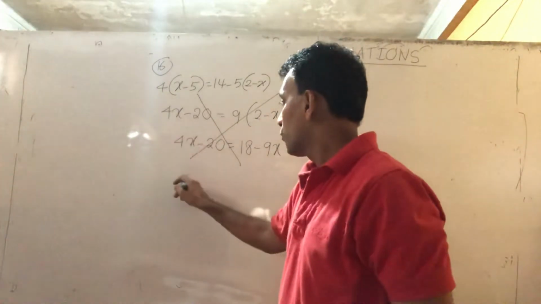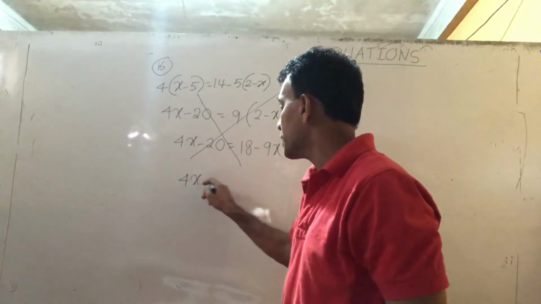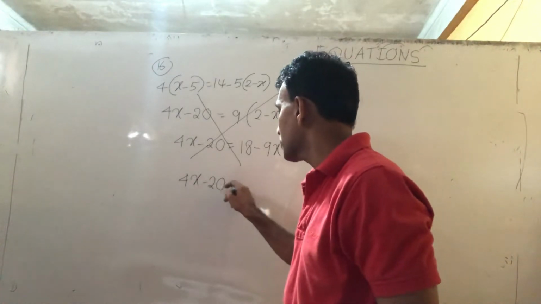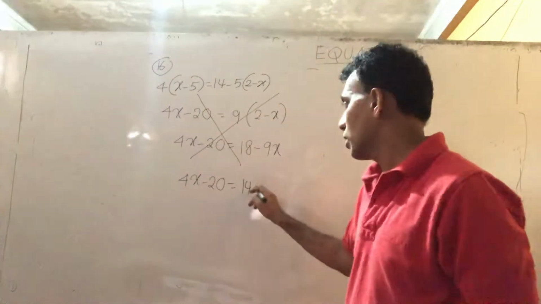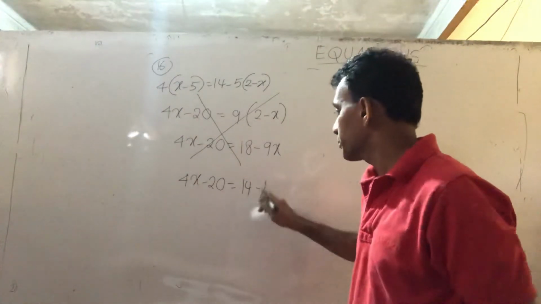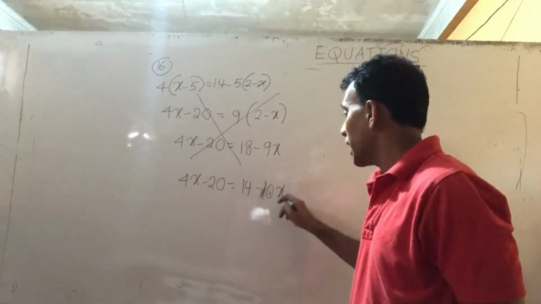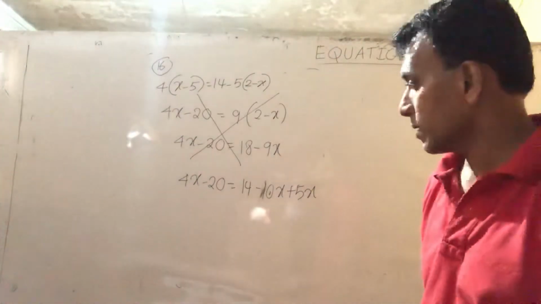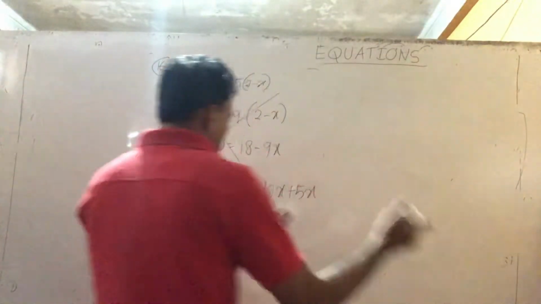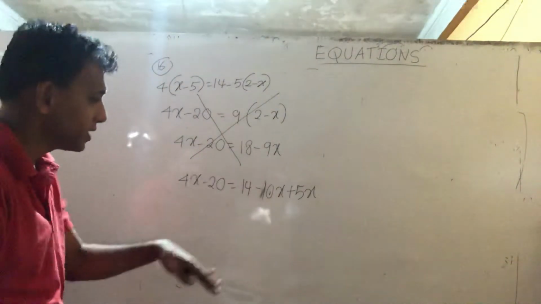Therefore here 4x minus 20, 14 multiplied by minus 5, minus 10 plus 5x. Now rearrange all the x, one side number, other side.